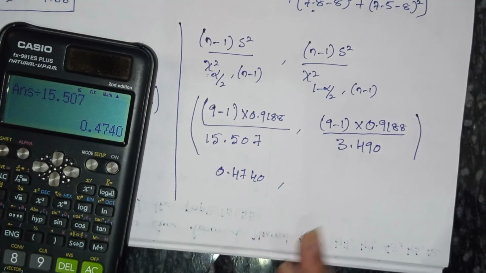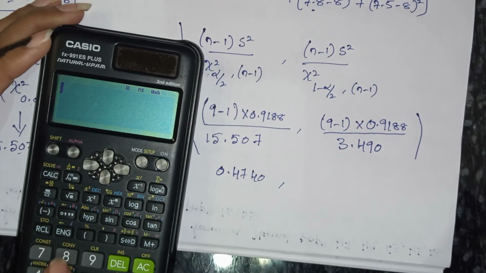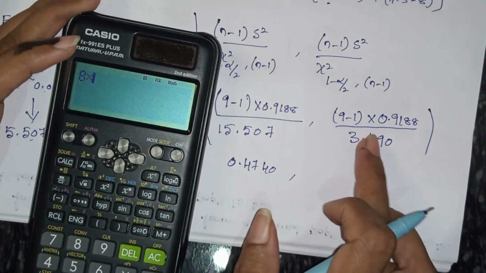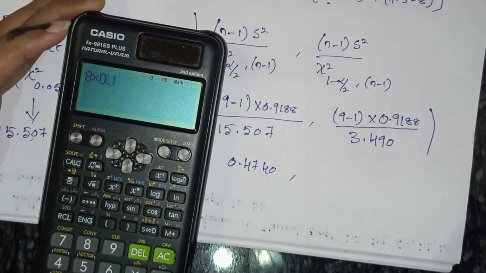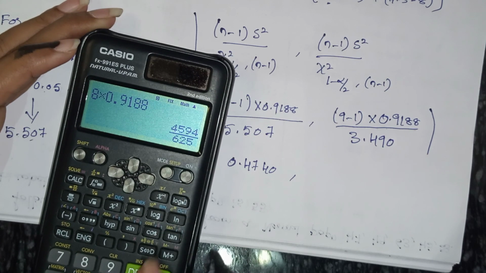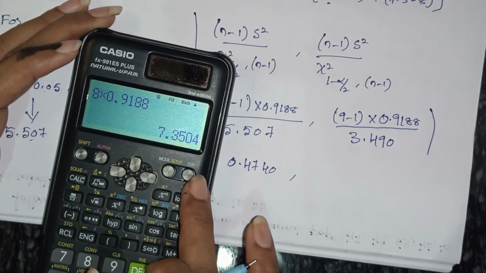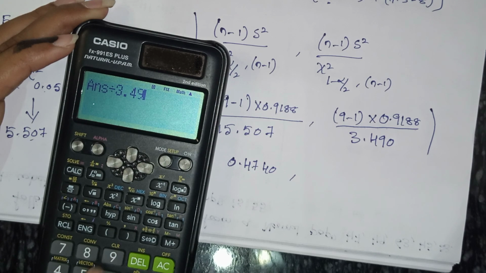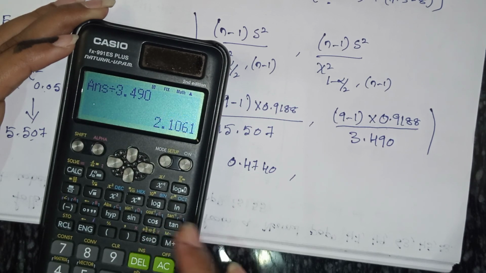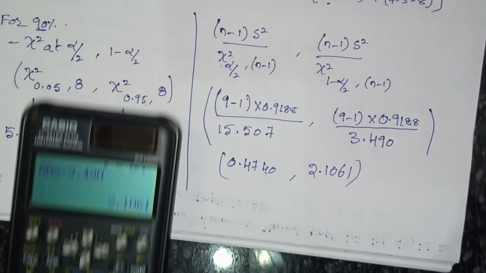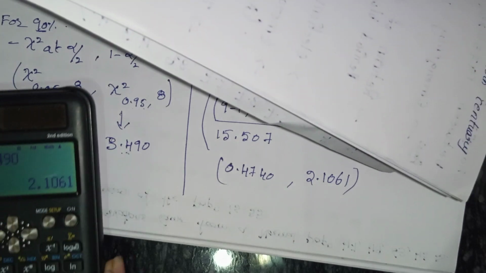Comma, again this one, 8 into 0.9188 equals to 7.3504 divided by 3.490 equals to 2.1061. These are the confidence limits for the given problem.